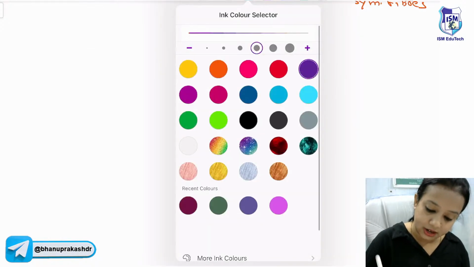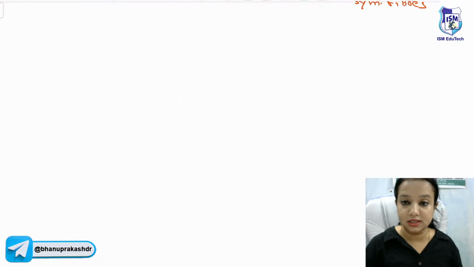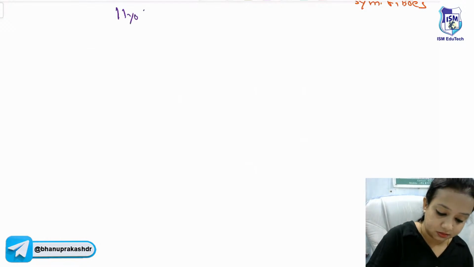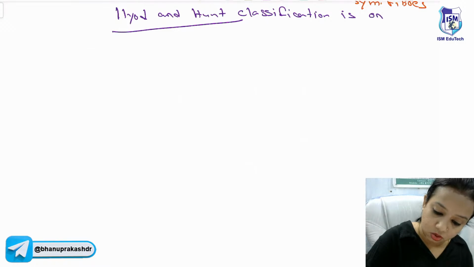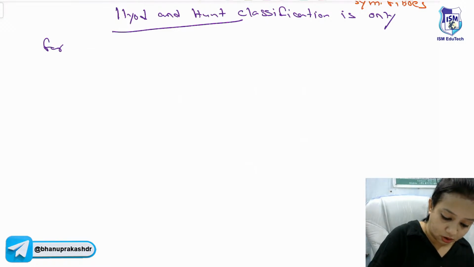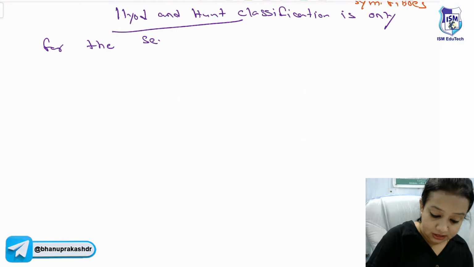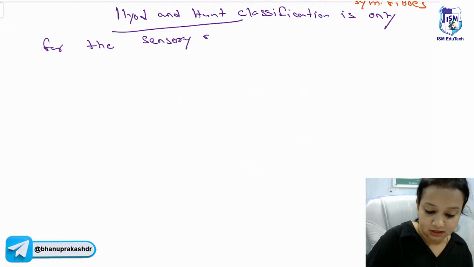Whereas Lloyd and Hunt have taken this classification, and the same nerve fibers they have classified, especially Lloyd, only for the sensory nerve fibers.